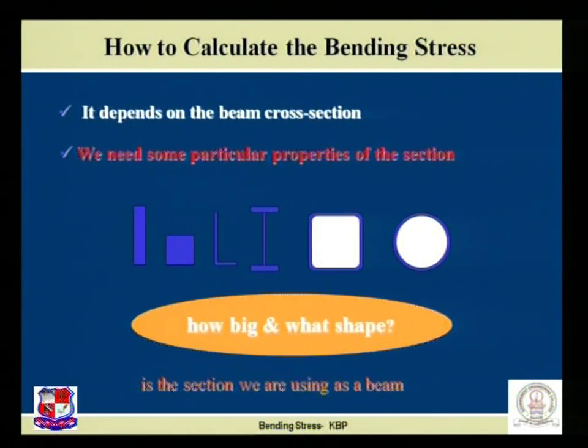It may be a rectangular section, a square section, an L section, an I section, a hollow rectangular section, or a hollow circular section. Depending upon the shape, my bending stress changes. So we have to incorporate this type of cross section also.